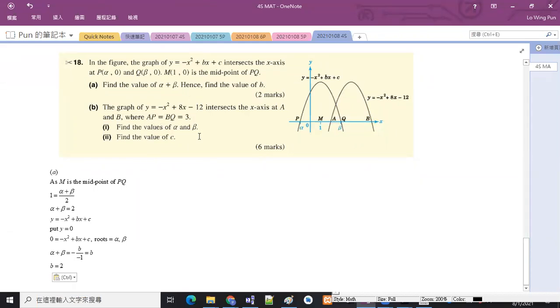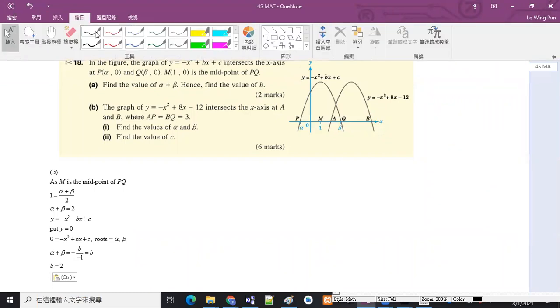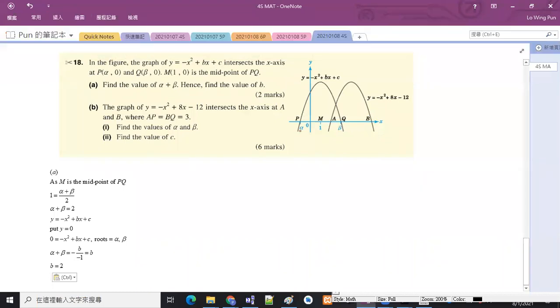Find the values of alpha and beta. 好啦，咁呢度而家佢講咗俾你聽，就係 this one AP is equal to 3, and then BQ is also equal to 3.